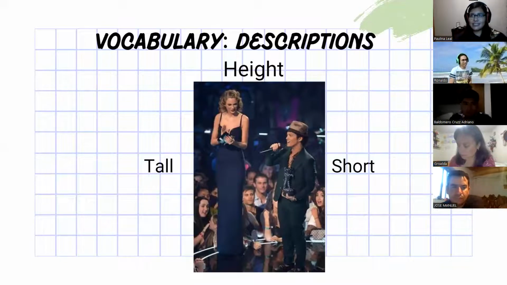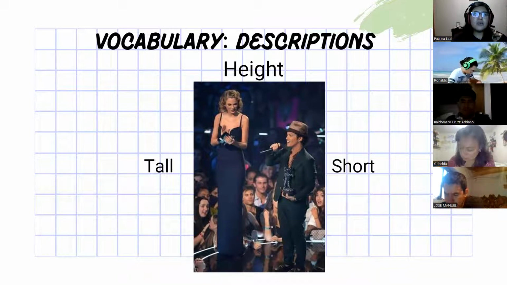What is height? The height is the measure of somebody's body. Are they 2 meters? Are they 1.65 meters? Are they 1.20 meters? How far does your body go relative to vertical space?